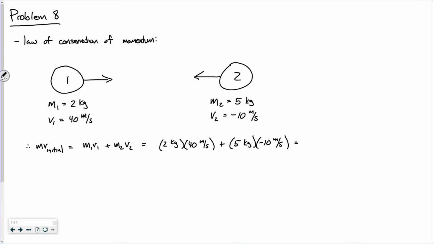All right? Plug and chug. What does that give you? 80 minus 50, 30. Make sense? Okay. Now that is the initial momentum going into this. All right? Sound good?